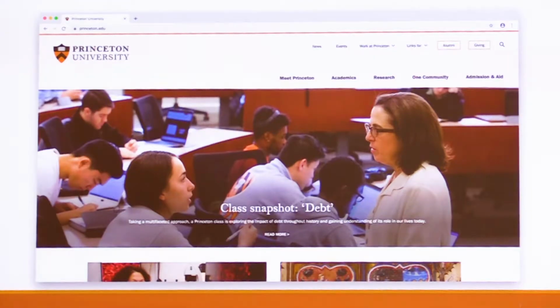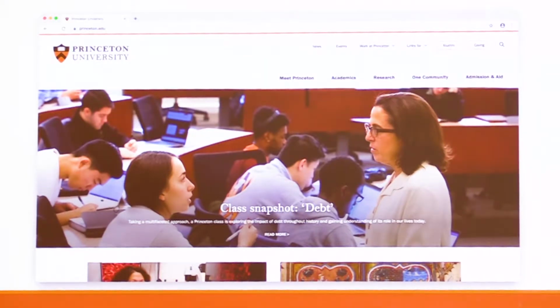So when you access a website, your computer talks directly to a server. I currently work at Princeton, so here's the Princeton website, and I thought it was very fitting that for all the public interest lawyers in the audience, the top line article from Princeton is about debt. At any rate, let's suppose you're accessing the Princeton website. Here's what's going on behind the scenes.